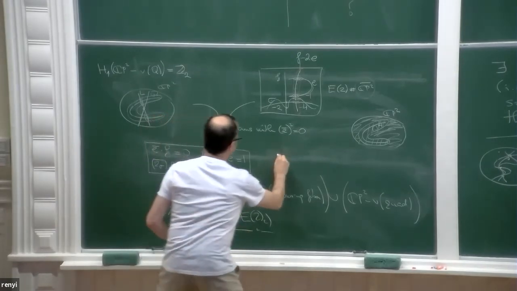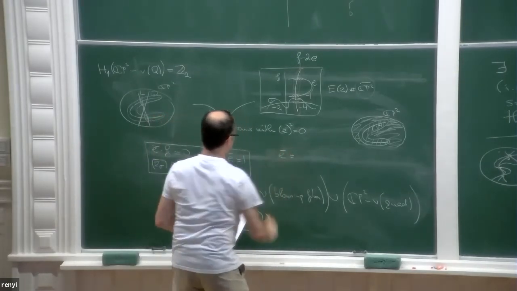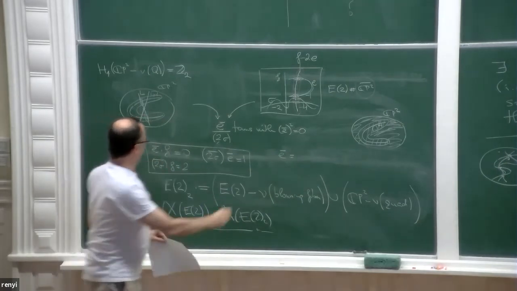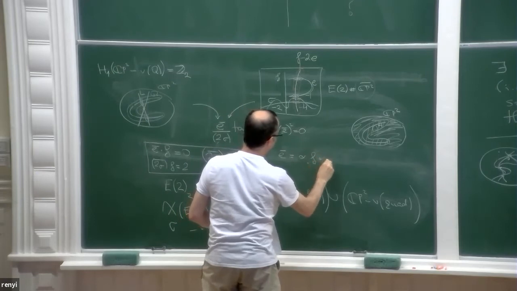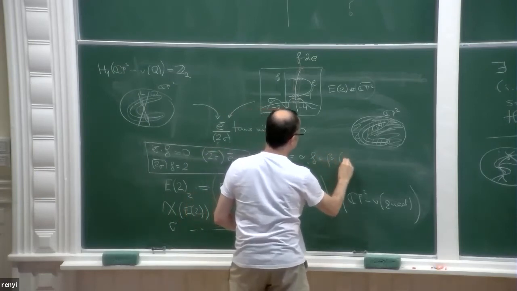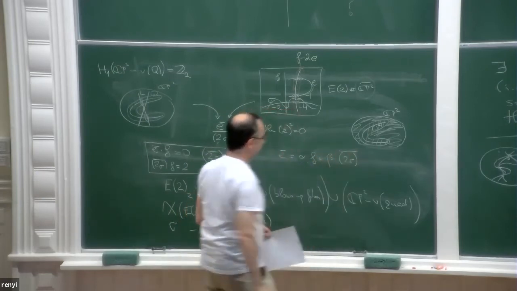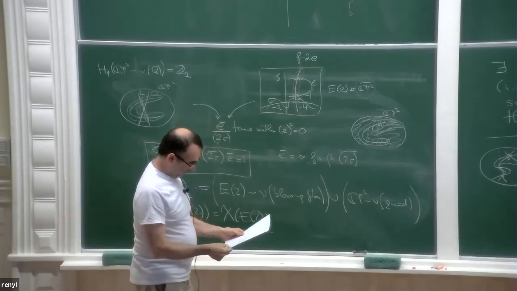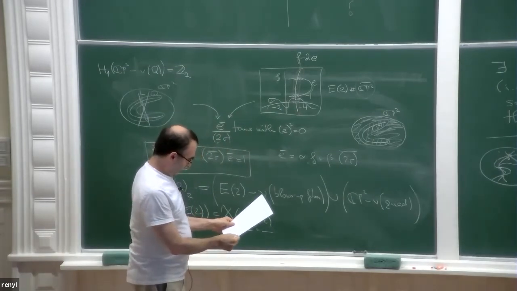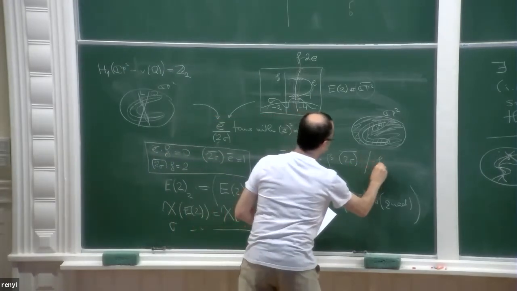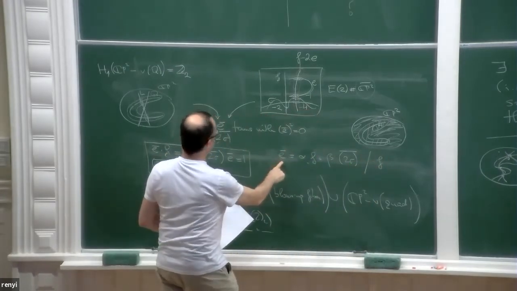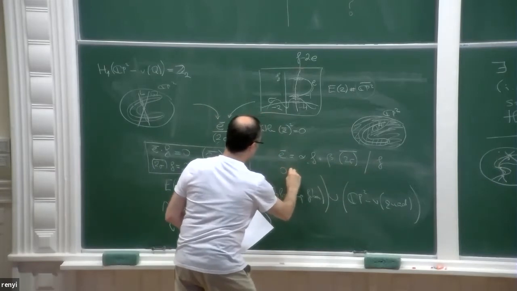So I claim that this E bar is some linear combination of F and sigma, some alpha times F plus beta times 2 sigma bar. And if we multiply it with the fiber, E times the fiber is 0.